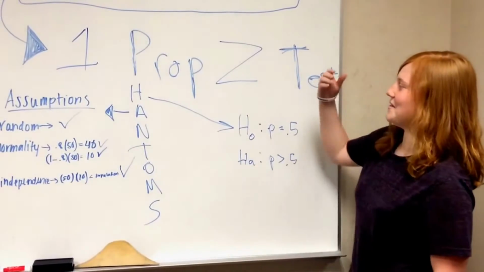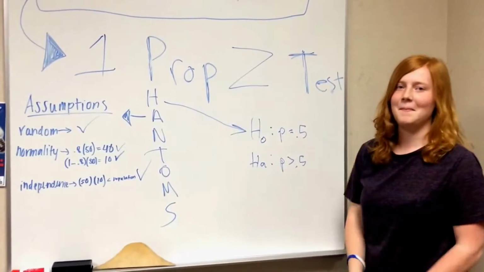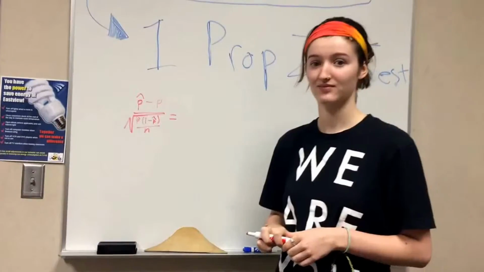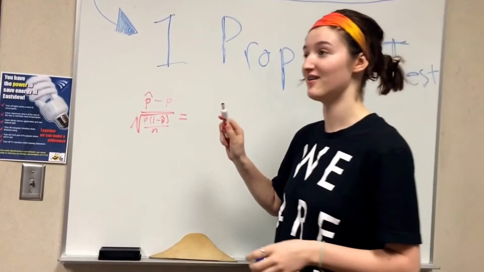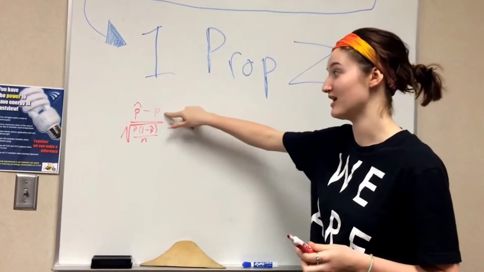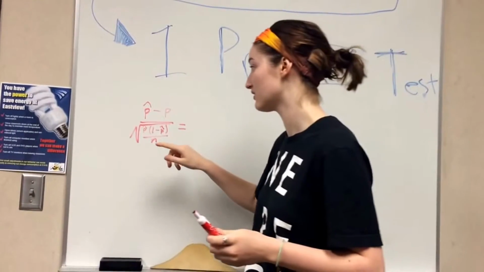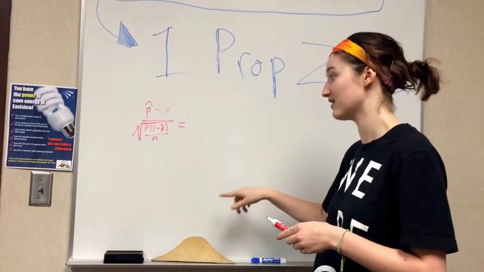So, as I wrote really big right here, we will be doing a 1 proportion Z test. To test our hypothesis, we will use this formula: p hat minus p over the square root of p hat times 1 minus p hat over n.